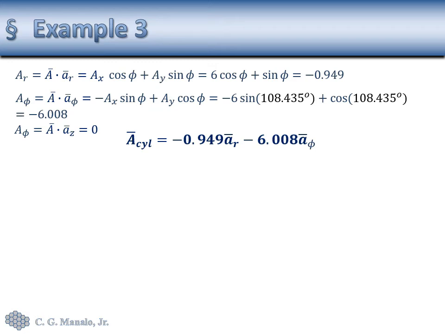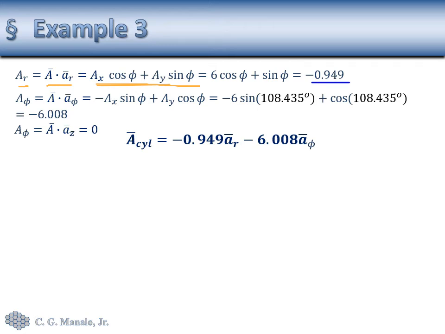So now we can use the table to compute for the components of the vector in cylindrical coordinates. So this will be the formula. And as a reminder, A sub r can always be computed using this dot product, which will actually give you this formula.